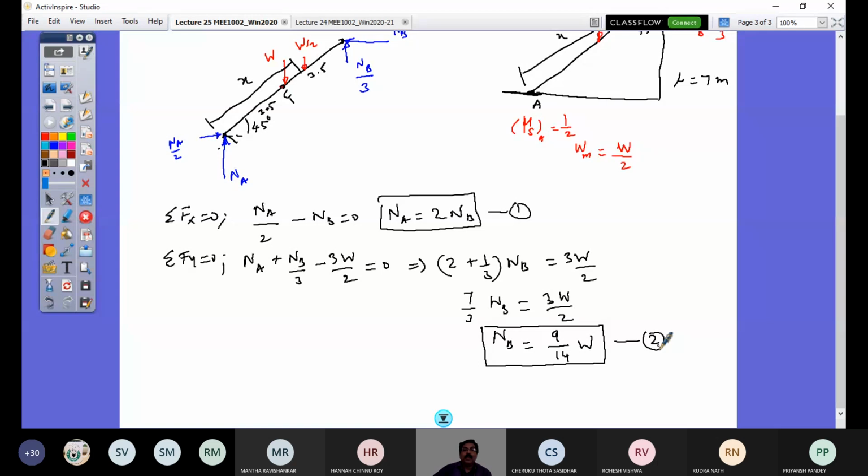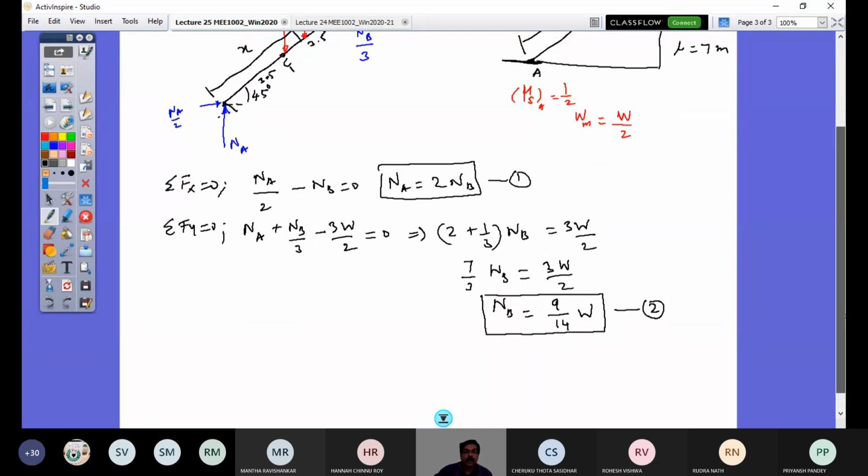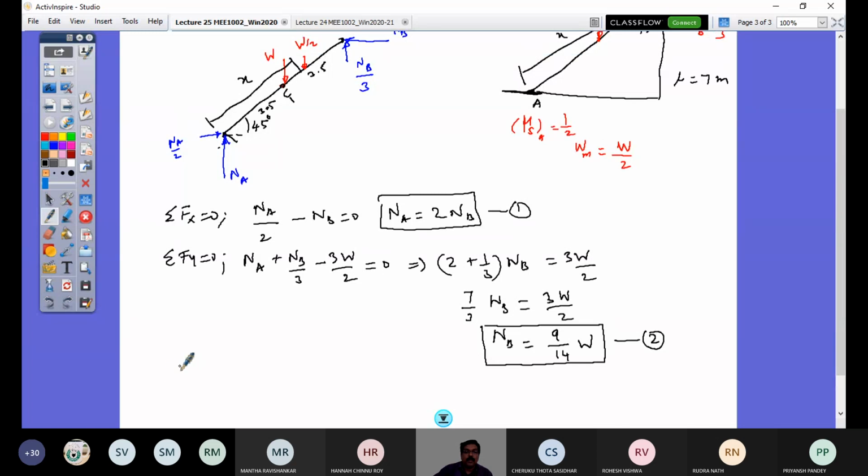So now to get x, what I should do, I can take moment about point A, one convenient point. So let me take that point as my point A. So if I take moment about point A, equating to 0, applying convention counterclockwise moment positive, I would see that this NA will not participate. So this will be participating. So here I would have W into, what is this distance?